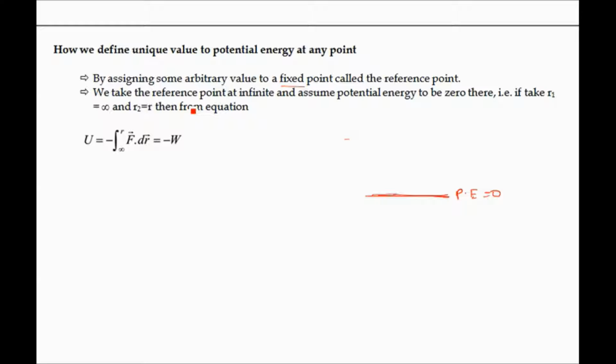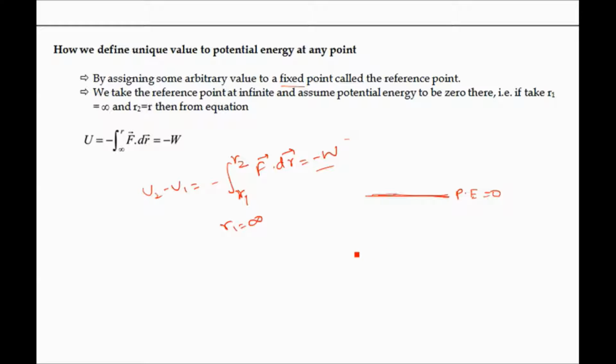So as we know, U2 minus U1 is equal to minus integral from r1 to r2 of F dot dr, and it is equal to minus W. So we take r1 equal to infinity.